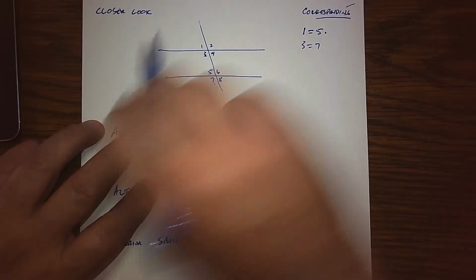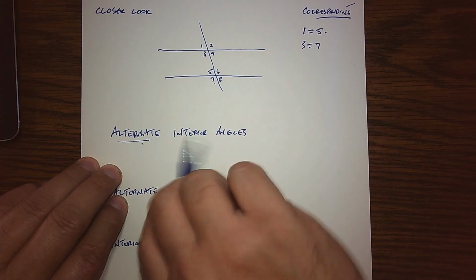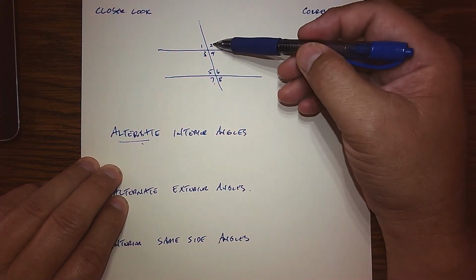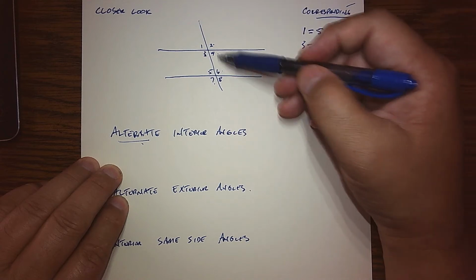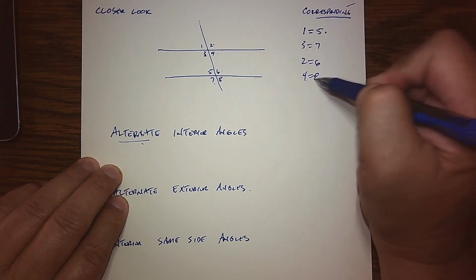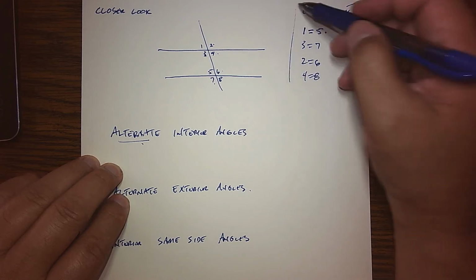And of course, if we go to the other side of the transversal, we have the same thing. 2 corresponds to 6, which means they're equal. 4 corresponds to 8, which basically means that they're equal. So that's what we mean by corresponding angles.